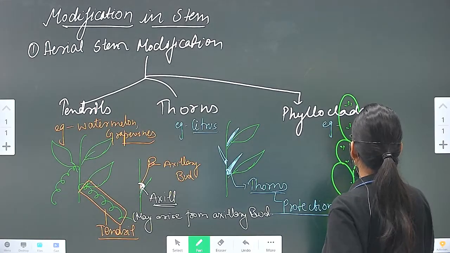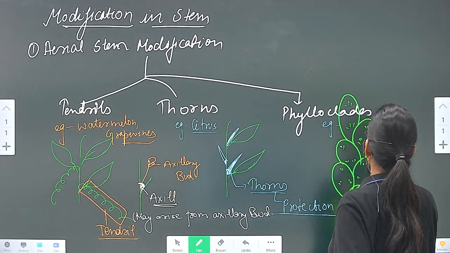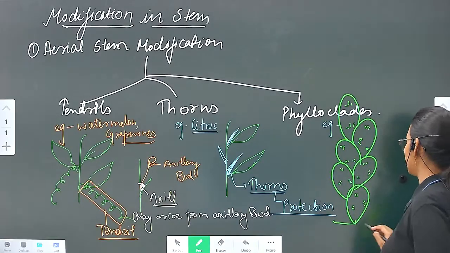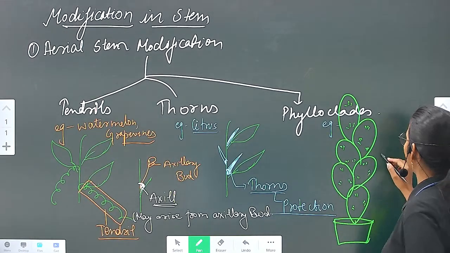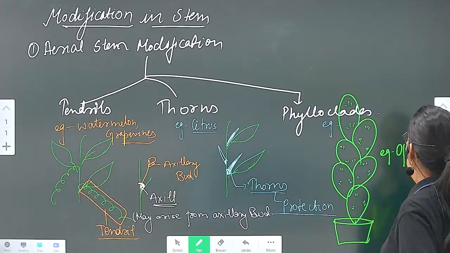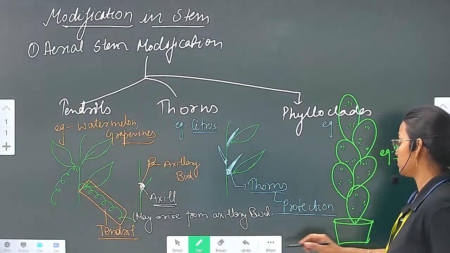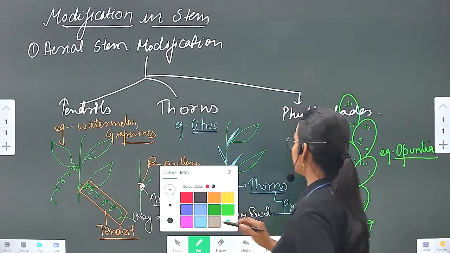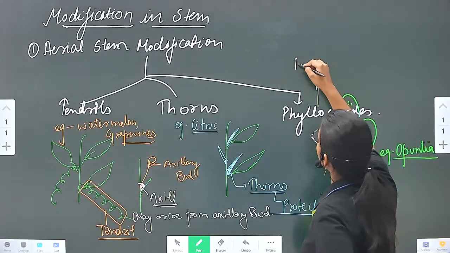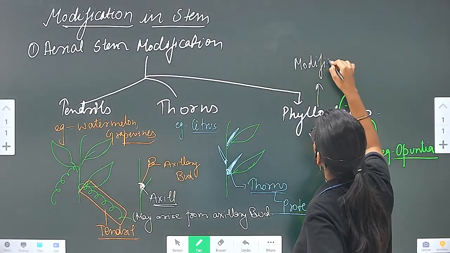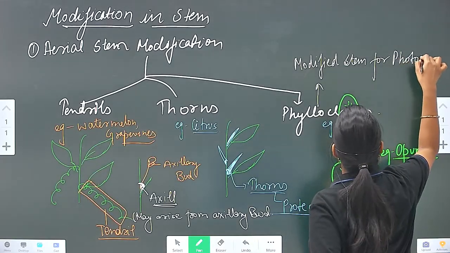So these are the modifications of stem meant for photosynthesis, and this is called phylloclade, where the example is Opuntia. In Opuntia, the stem is modified for photosynthesis.